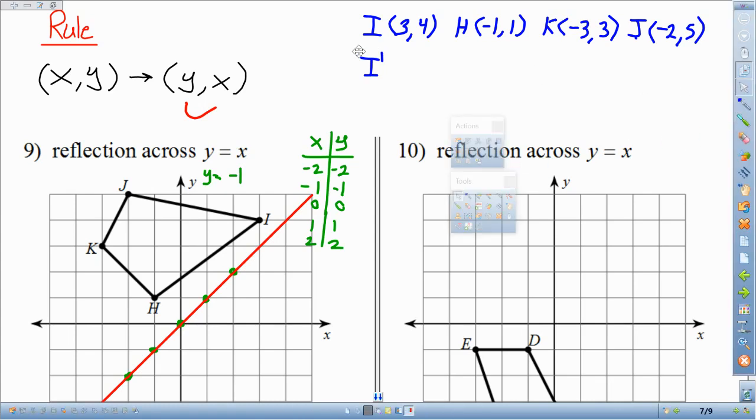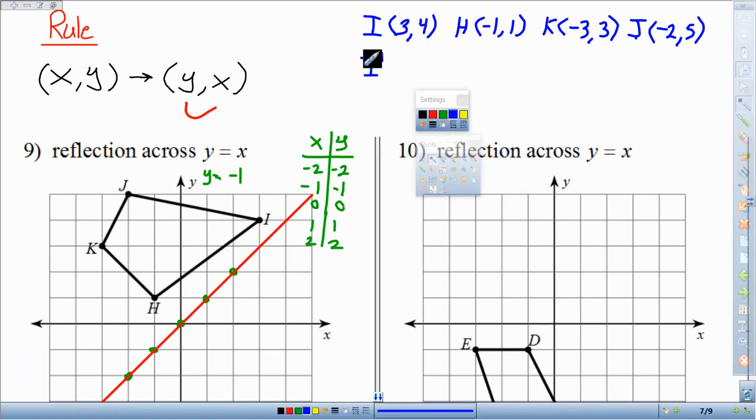Okay, so I just need to flip-flop. If I have 3, 4 for my original I, flip-flop the points, I'm going to get 4, 3. For H prime, -1, 1, flip-flop them, becomes 1, -1.